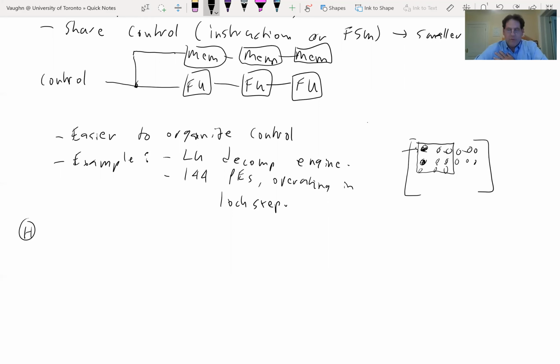So 144 columns by typically maybe 100 rows or so. And it actually has to do a bunch of operations. It has essentially n cubed compute, so it has a lot of compute to do. Those compute steps always do the same thing to every element in a column.